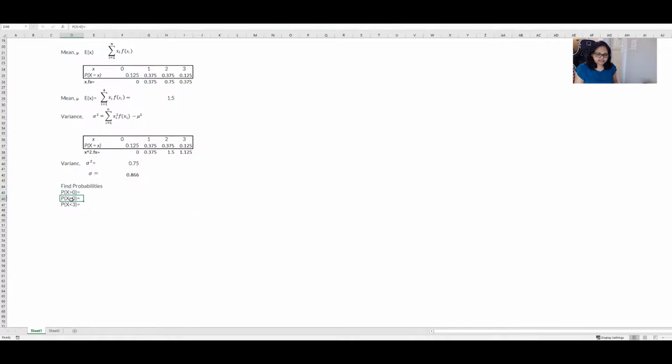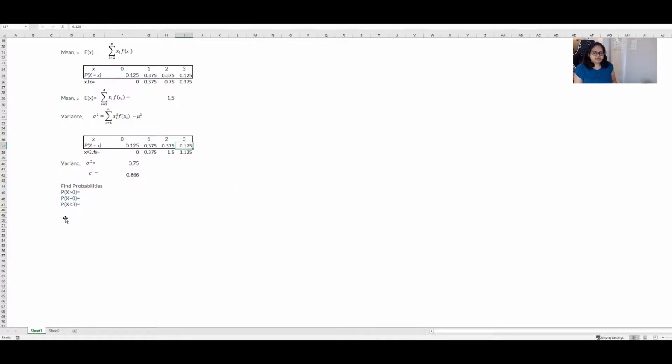If it is exactly 0, the probability would be 0.125. If it is less than 3, then we need to add these 3 values. If it is at least 3, you need to consider which ones. Think about it.